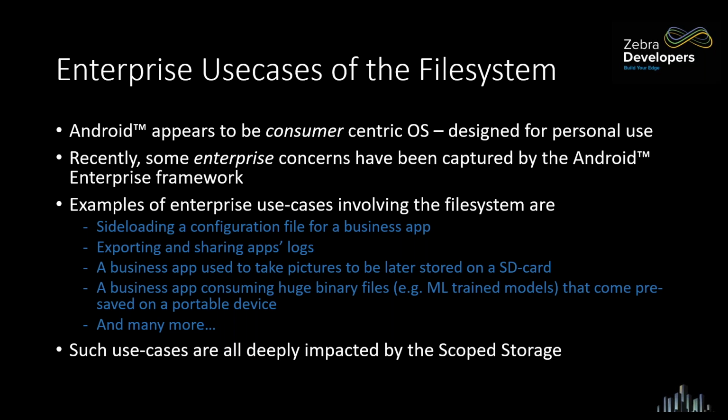You probably also want the log, which can include some sensitive information, to be protected but still readable from third-party apps. Other enterprise use cases involving the file system include a business app that is used to take pictures, and these pictures are later moved or consumed by another application or shared on an SD card.